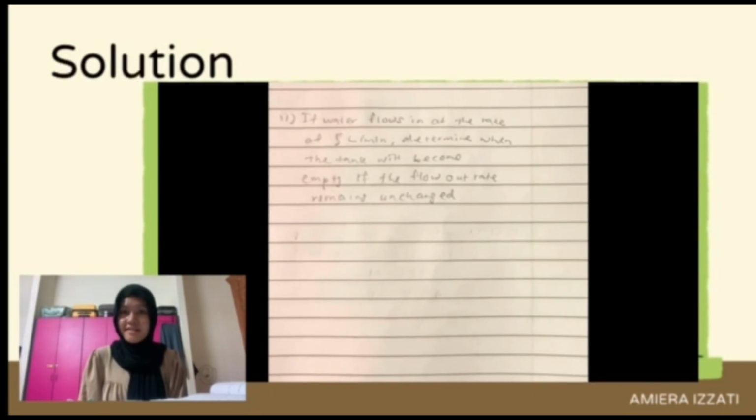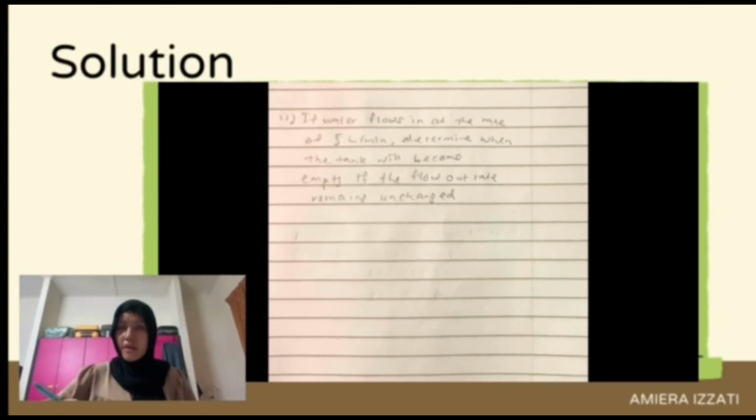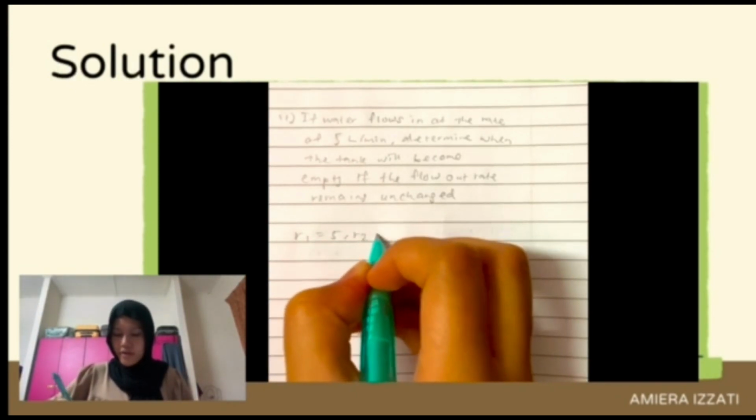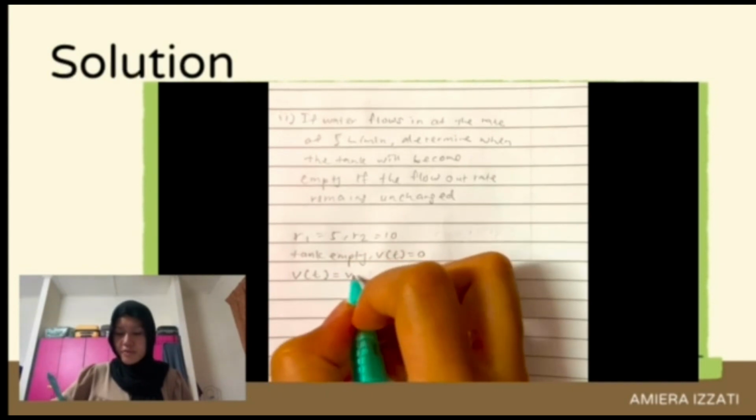Moving on to the second part of the question. The question asks us to determine the time the tank will become empty if the water flows in at the rate of 5 liters per minute and the outflow rate remains unchanged. With this, R1 will be 5 and R2 will be 10.